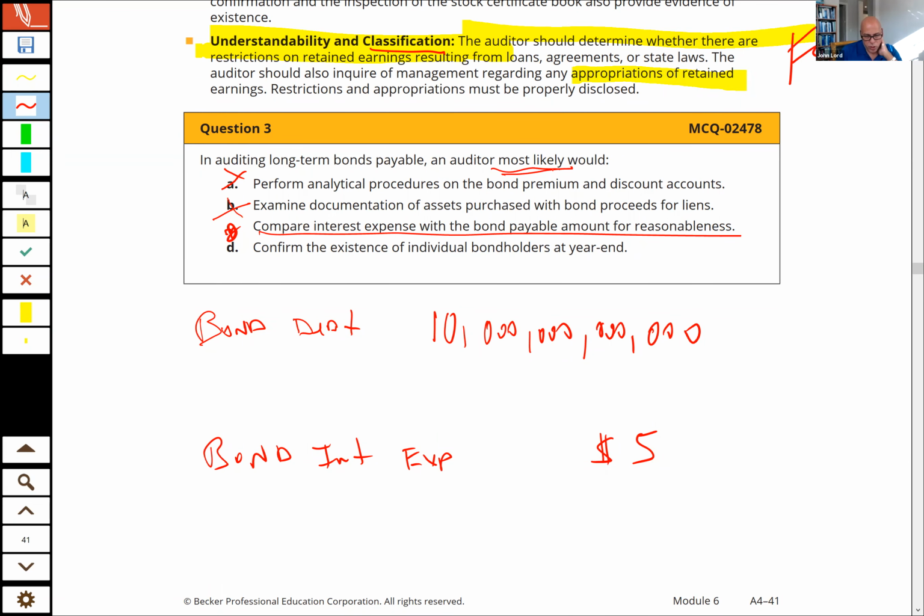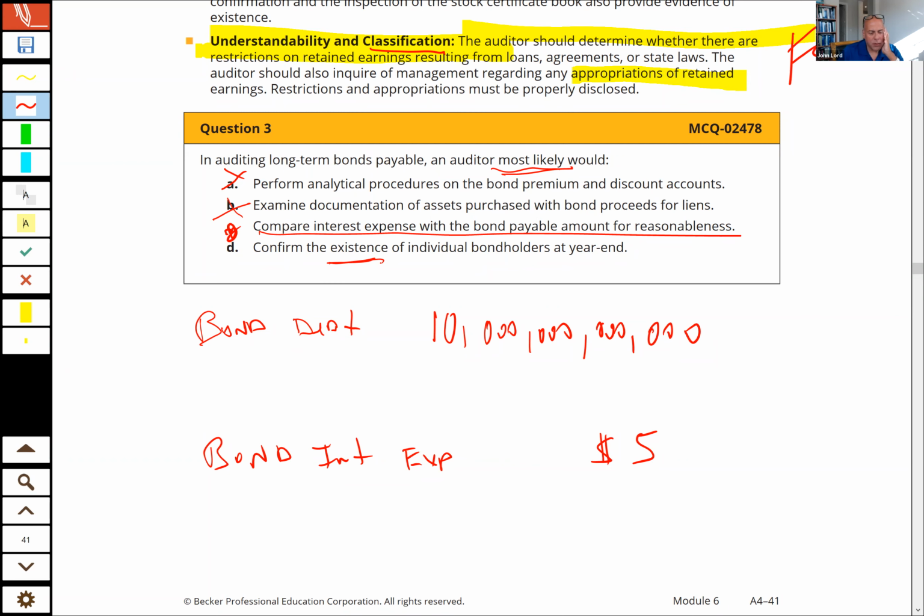What assertion are you worried about if you are doing confirmation? Oh, never mind. They're talking about existence here, right? They tell us existence. Is existence the most worrisome assertion for debt, for bond payable?